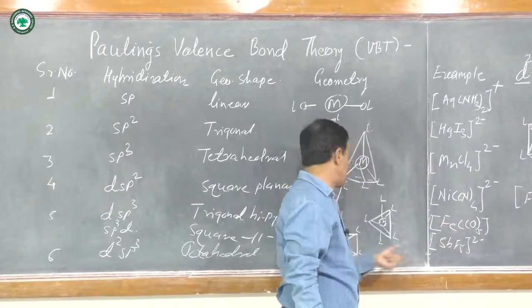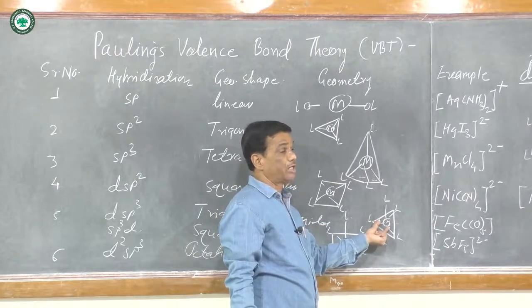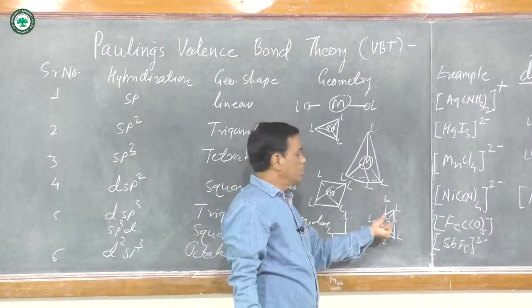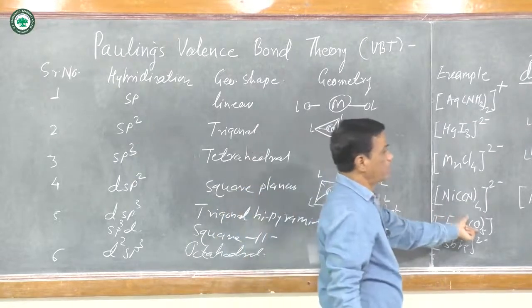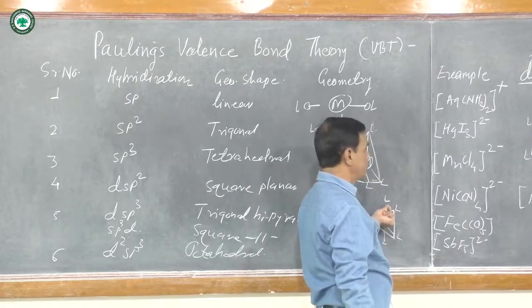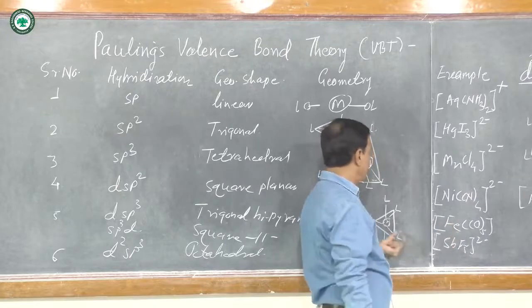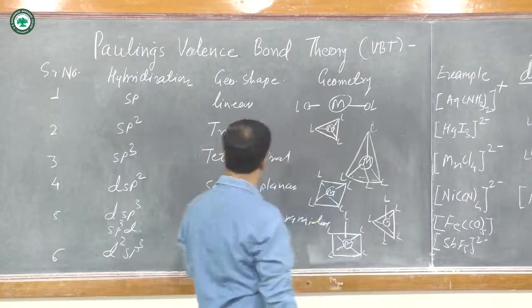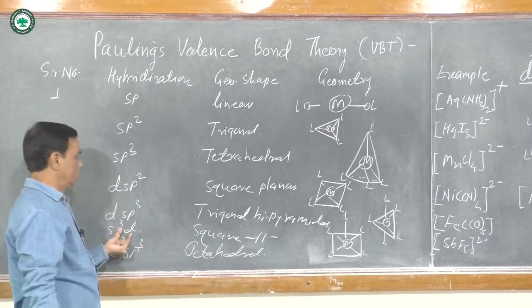In this complex compound, at the center position the iron metal atom is present. Then at the corners of the triangle, 3 carbonyl ligands are there. One carbonyl ligand is above the plane and the second carbonyl ligand is below the plane, and therefore the shape of this molecule is trigonal bipyramidal.